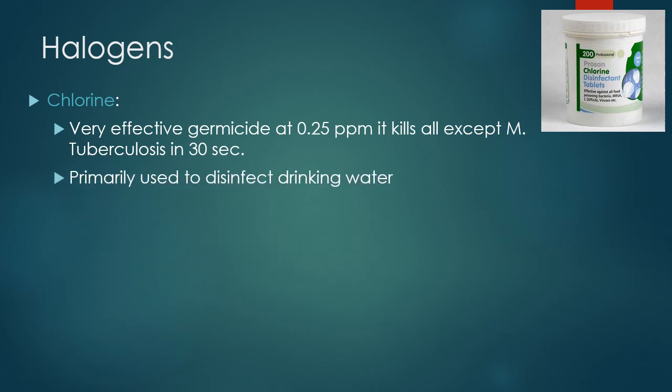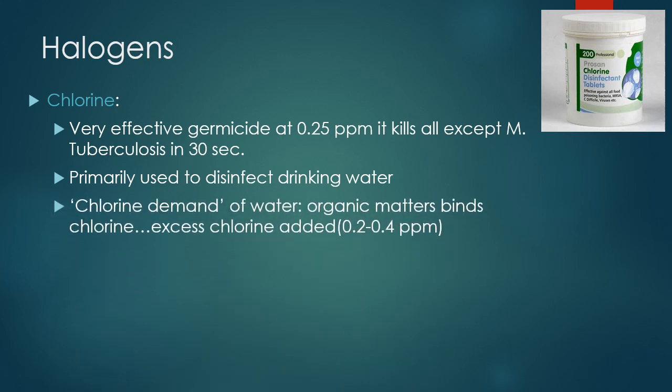Primarily, it is used to disinfect drinking water. In drinking water, organic matters bind with the chlorine. So chlorine in excess is added to achieve free chlorine concentration of about 0.2 to 0.4 parts per million, which is known as chlorine demand of the water.